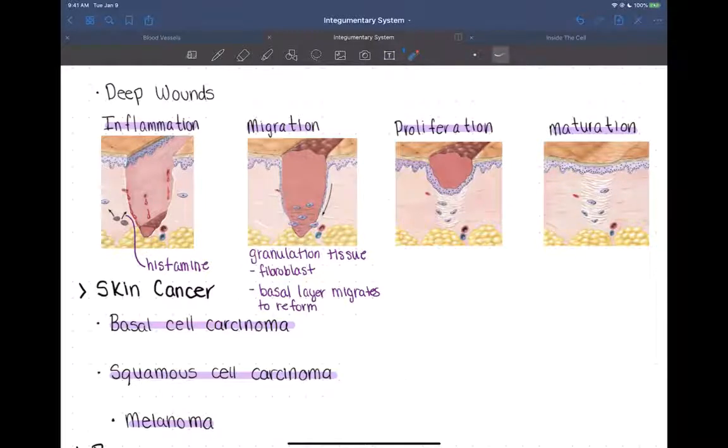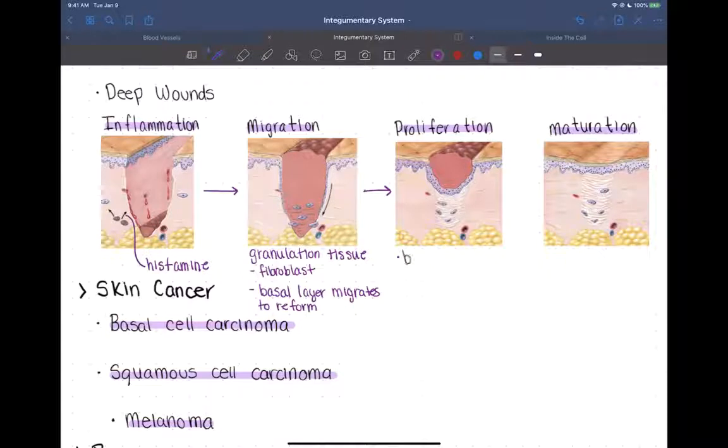Okay, and so then from there, we have our proliferation phase. All right, so proliferation means we are multiplying and dividing, okay? And so here, in particular, those basal cells, all right, so now they've met each other, they've come into contact, they're going to start multiplying and dividing to fill in this area with those epidermal cells, okay?